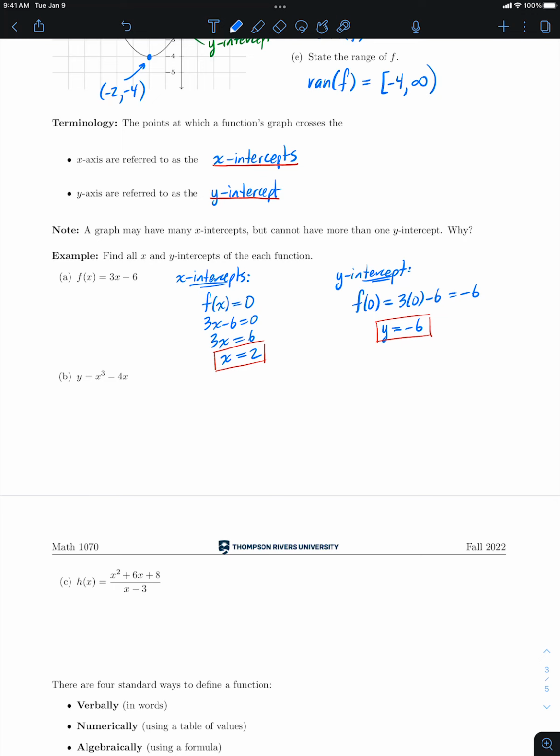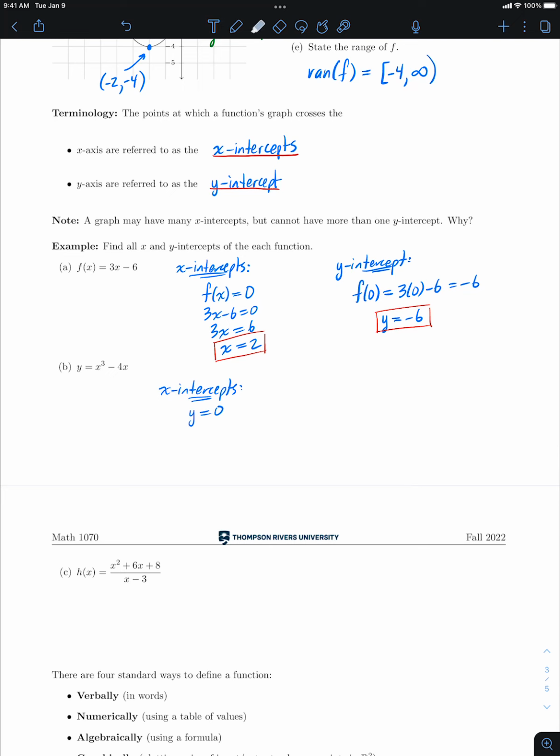So same idea though. If you want to find the x-intercepts, just look for where the output, where y, is equal to 0. It's the same principle as what we did over here. The only difference in the way we write it comes from the fact that this function was written differently. This one was f of x is equal to 3x minus 6, so we solved f of x equals 0.